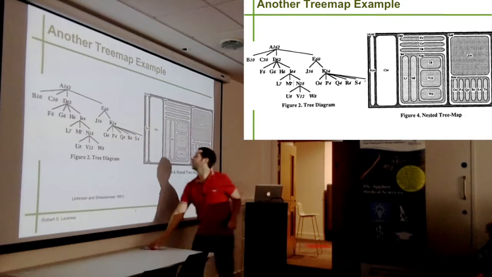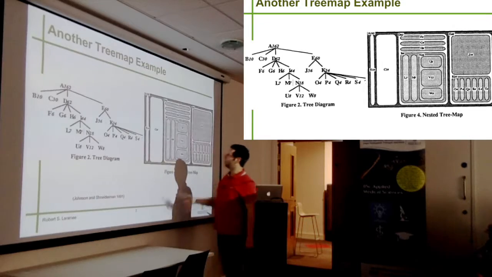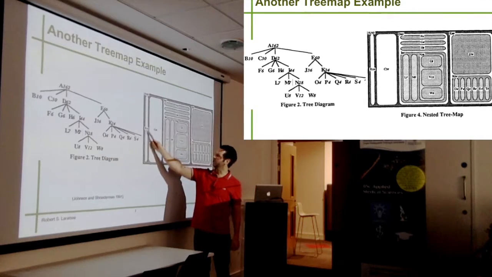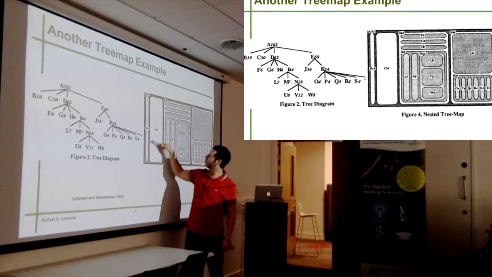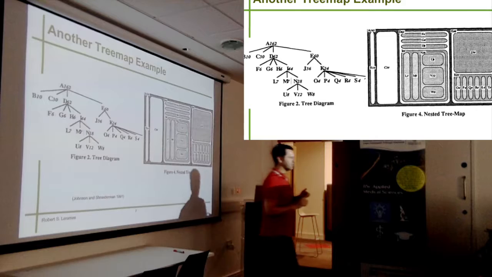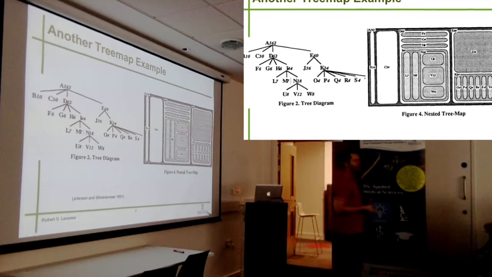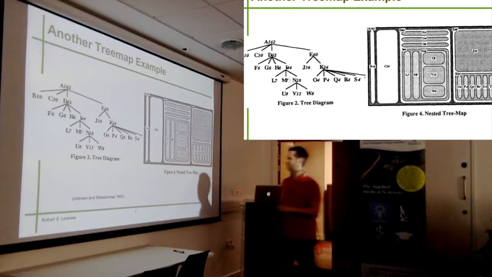There's A162, it's the root node. Then there's B10, but look, there's padding around the child node, so you can more explicitly see the relationship between the parent and the child. That's the only way it's different.